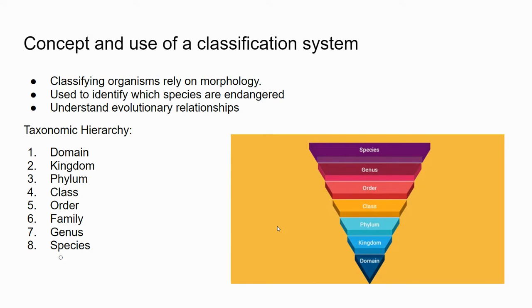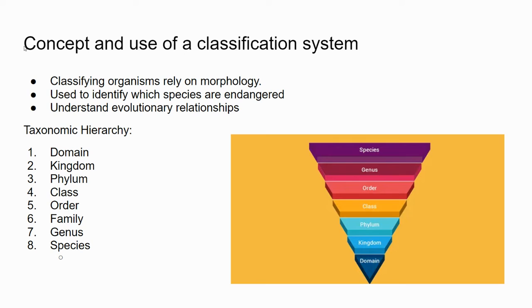So in today's video, we are going to be covering 1.2 of the IGCSE Extended Biology 0610 syllabus. So today we're going to be looking at the concept and use of a classification system. As we all know, organisms are classified into different species and groups.